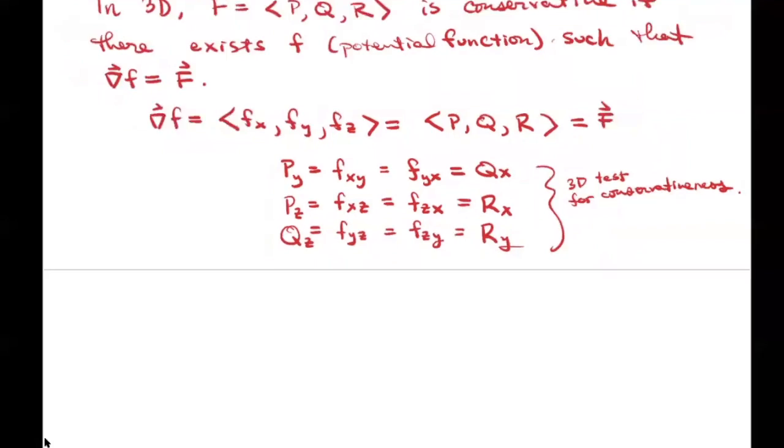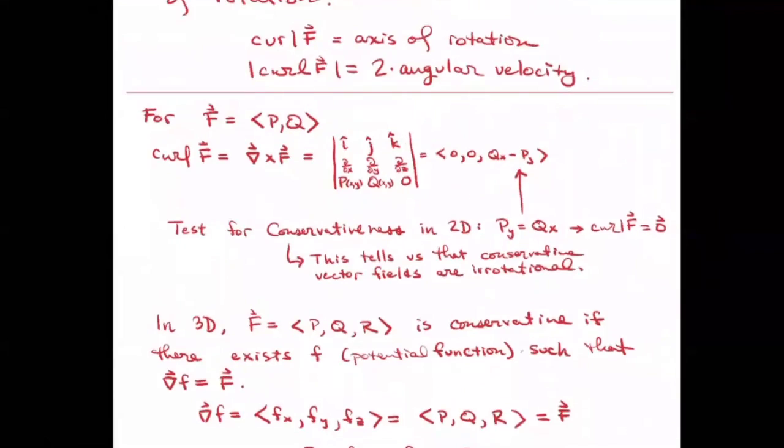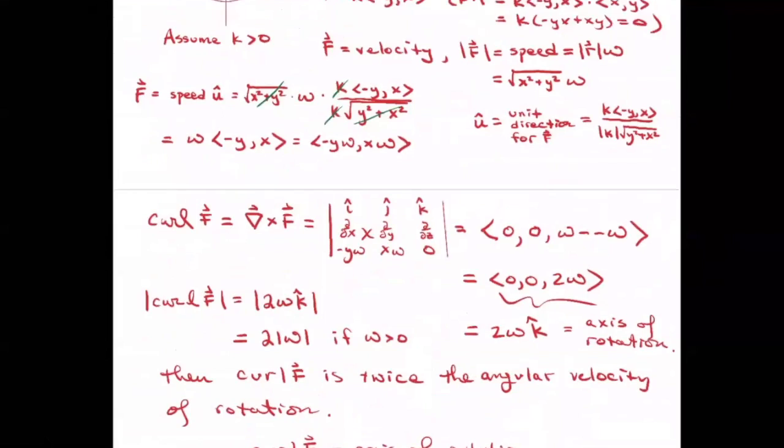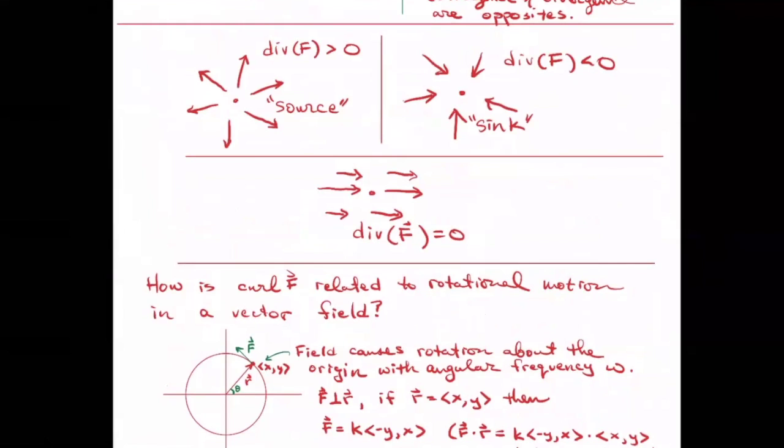Now, I have to look back. Forgive me while I go back. Way back. There it is right there. This guy is the curl of F. I'm going to copy that.